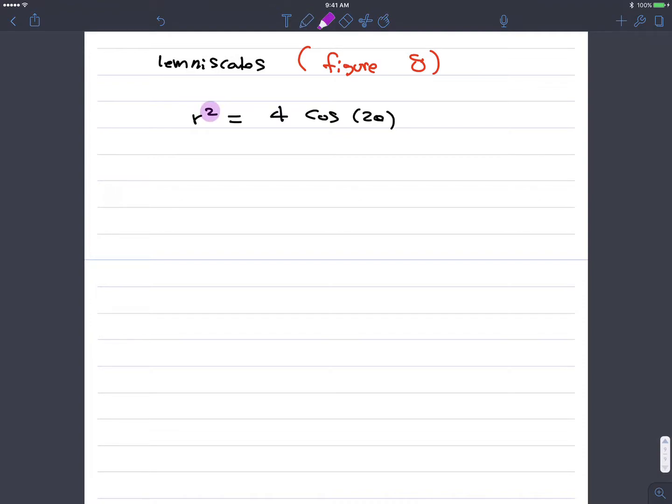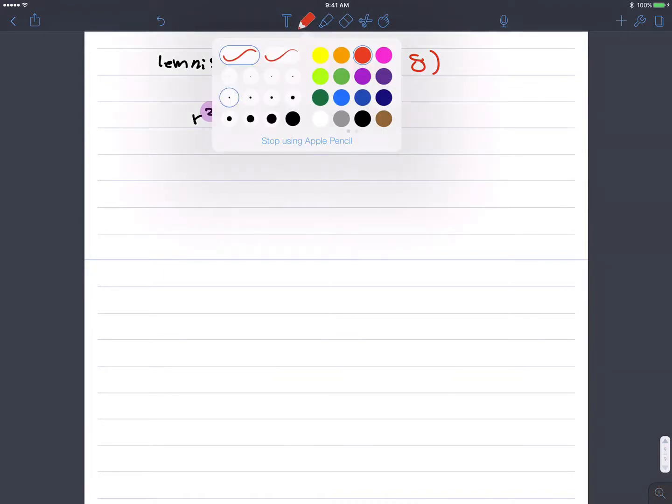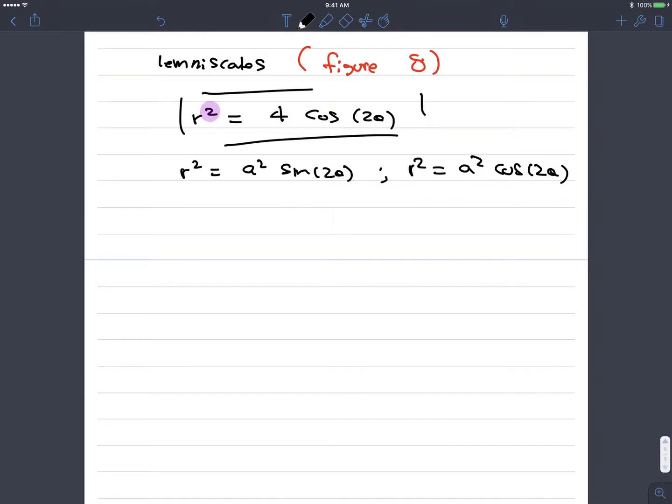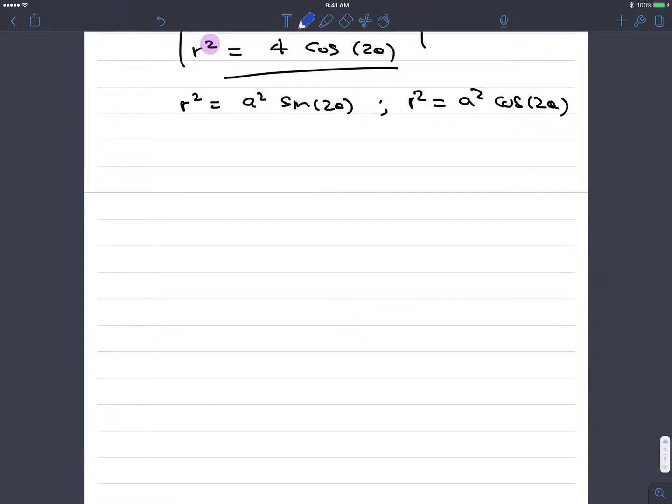Lemniscates are of the form, and I'll give it to you in general, r squared is a squared sine 2 theta, and r squared is a squared cosine 2 theta. Think of them as figure 8s. So we're going to first graph this lemniscate as an example. There's a very important detail here. Now, the approach is exactly the same.